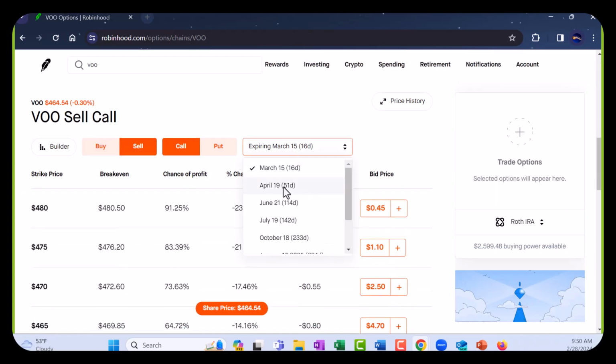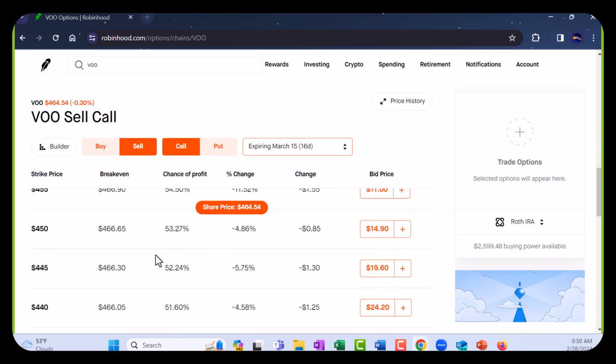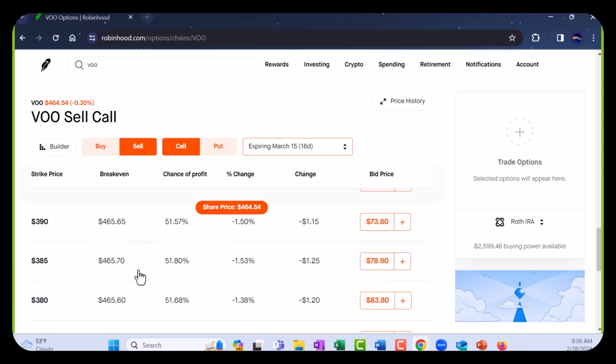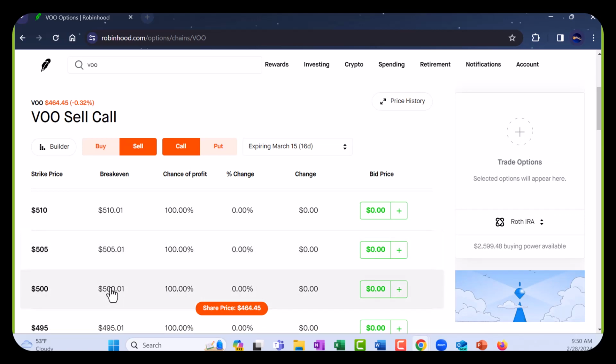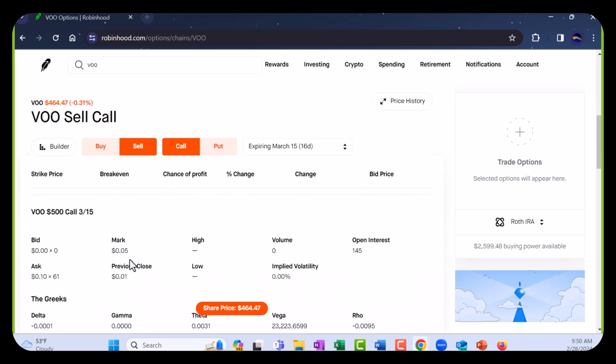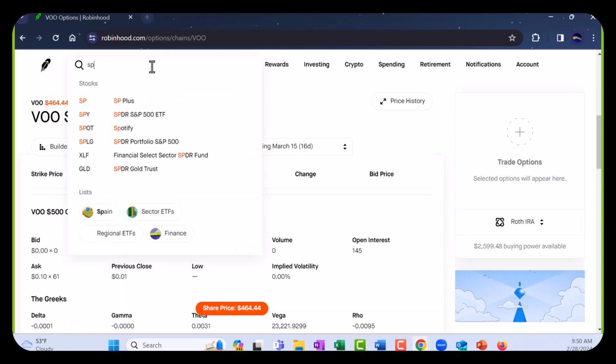Oh, this doesn't even have anything before March 15. Not all stocks have all the dates. SPY would have March 8th, but in this case, let's see, 500. It's trading at pretty much 5 cents. Not much going on. Okay, let's try SPY. They tend to be more active for option purposes.